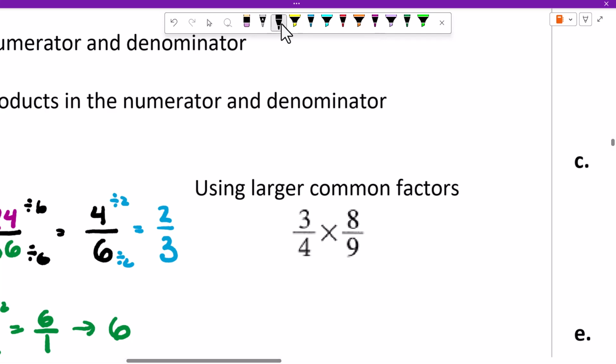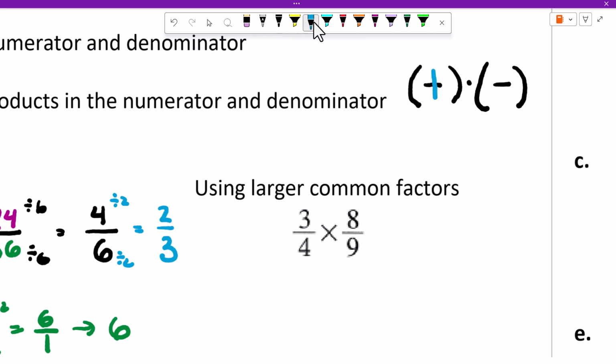So I'm going to draw a little picture of fractions here. These are little brackets with fractions in it. We look at the top and the bottom. We go, hey, what can I divide here and make it smaller? What can I divide here and make it smaller? So I look at this 3 and this 4 like this, and you go, is there any number that can fit into 3 and 4 to make it smaller?